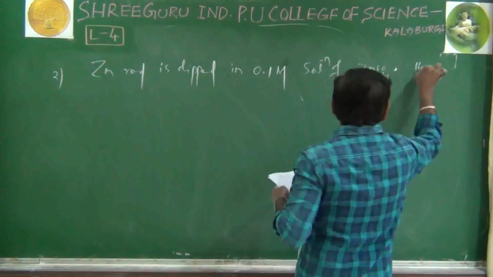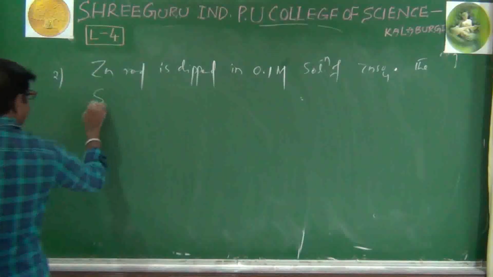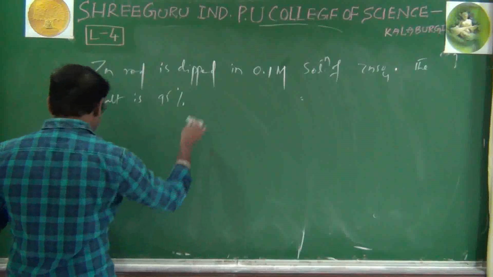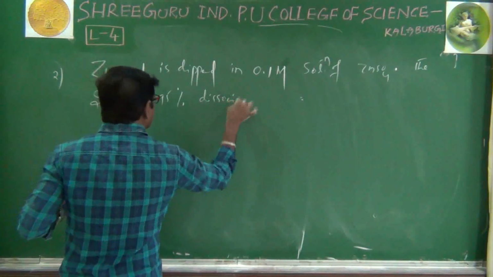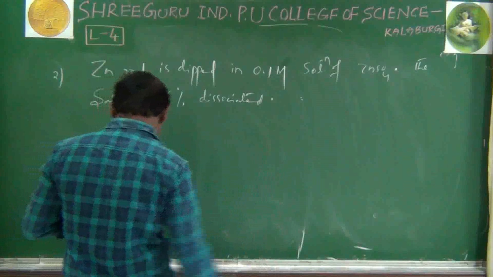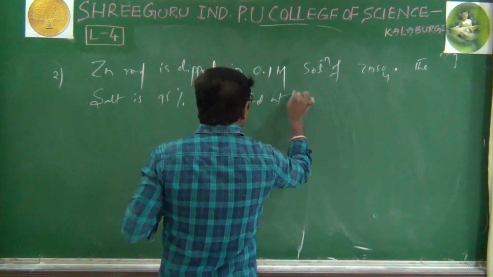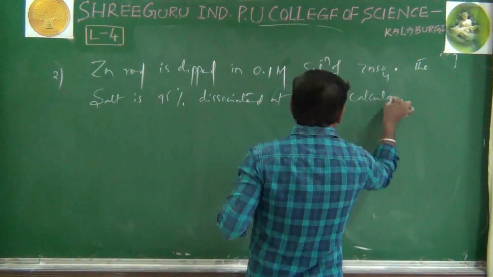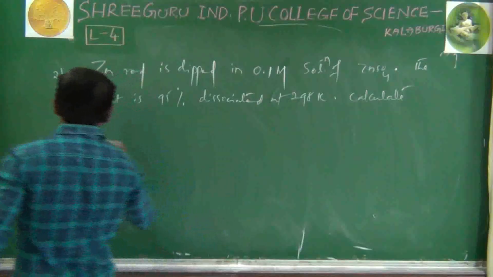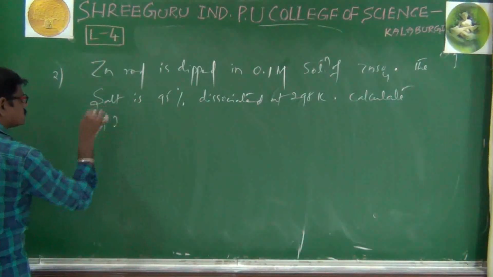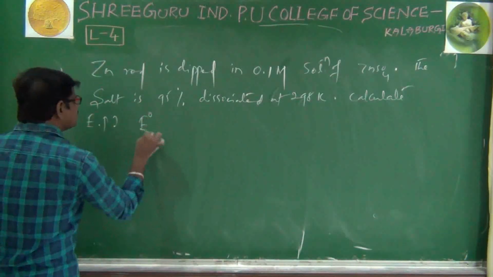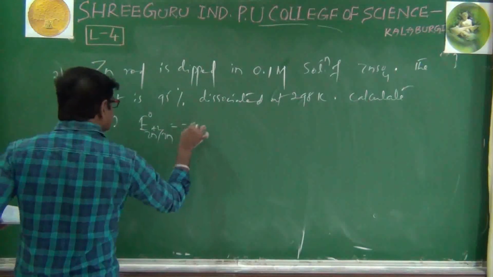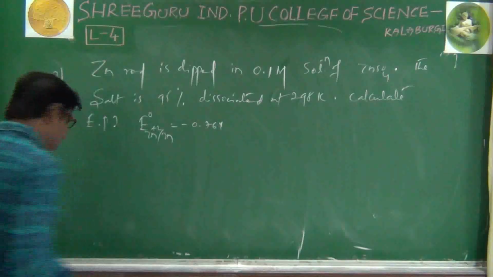The salt is 95% dissociated, at 298 kelvins. Calculate the electrode potential. At the same time, he has given the E naught Zn2+/Zn value, that is minus 0.76 volts.